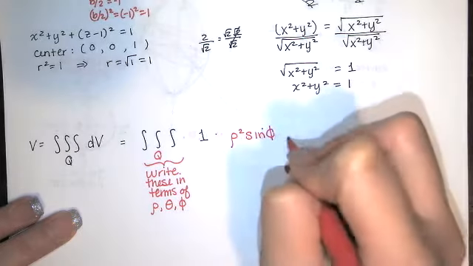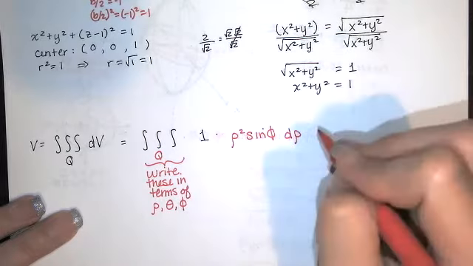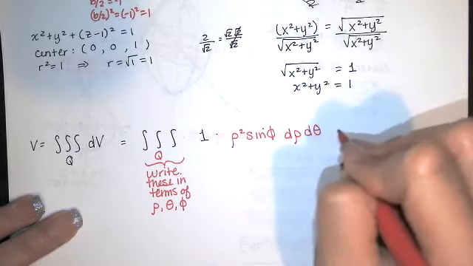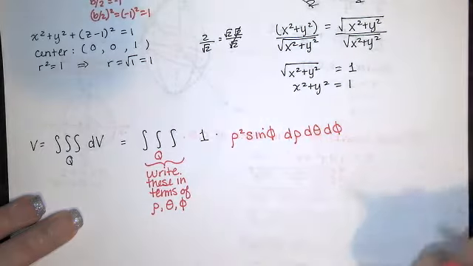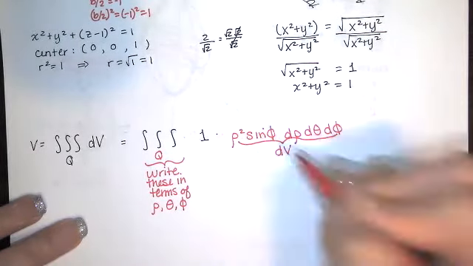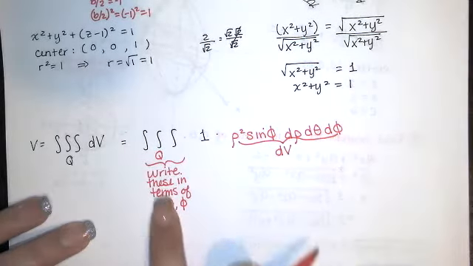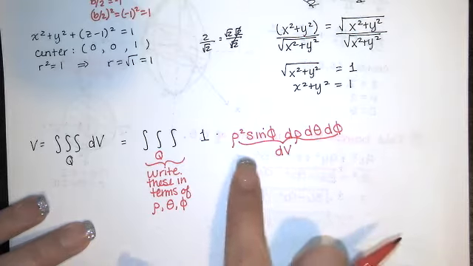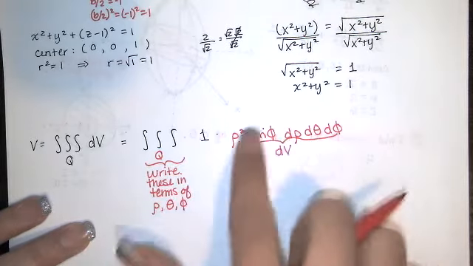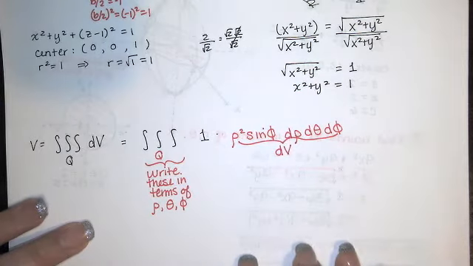If you're wondering where that comes from, I'm going to prove it to you when we study the Jacobian in the next section. You can change the order of the multiplication, but this is your new dV.